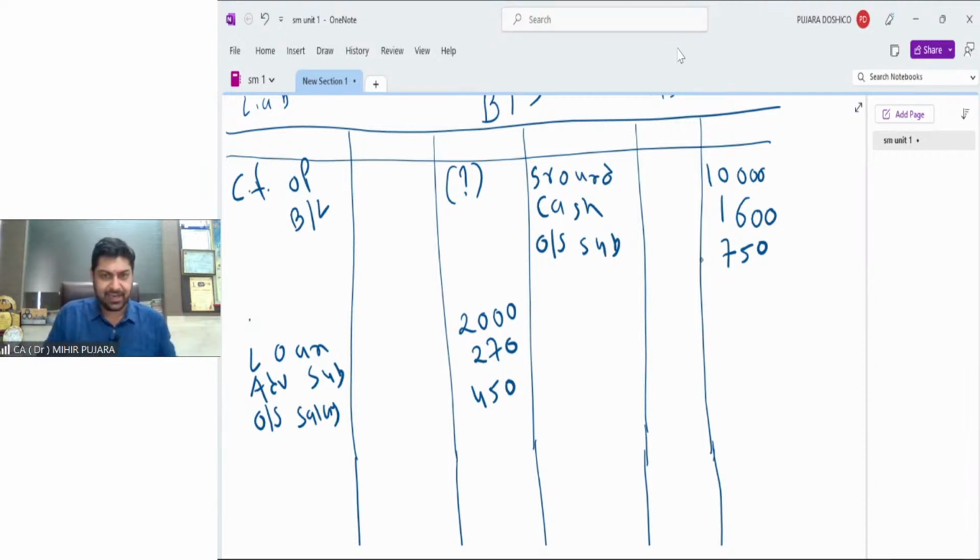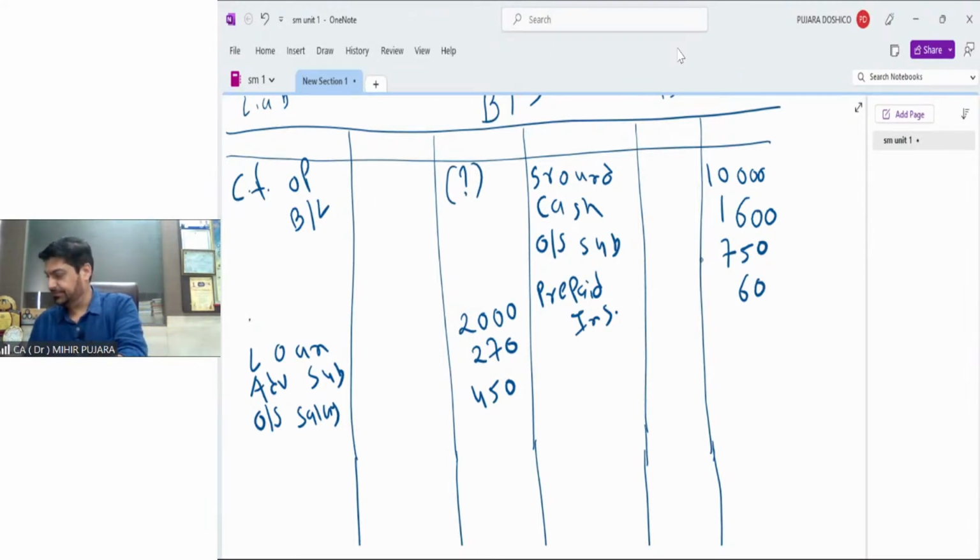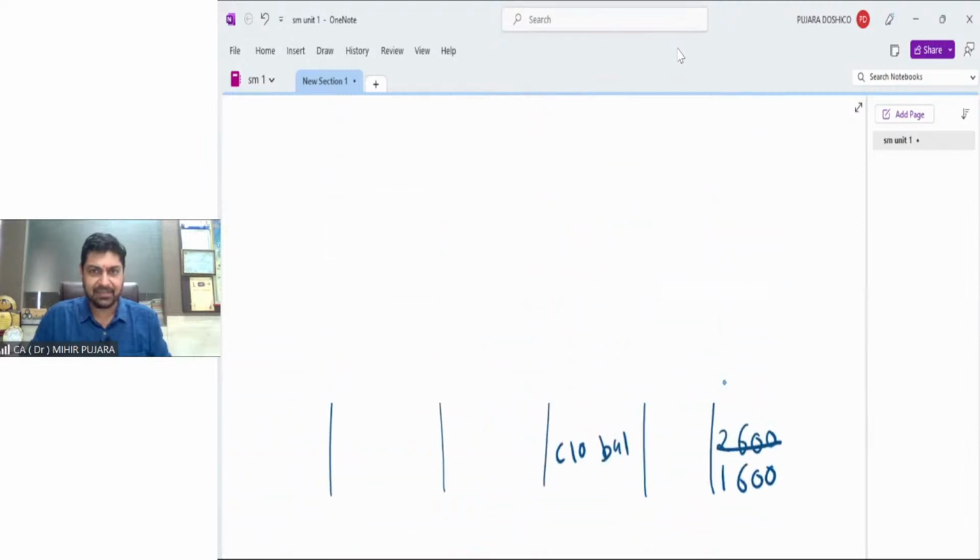It will be on the asset side. Prepaid insurance, it is 60, in the balance sheet. Better to write in the balance sheet along with it: 60 on the asset side and 450 on the liability side, which you wrote earlier in the RNP.